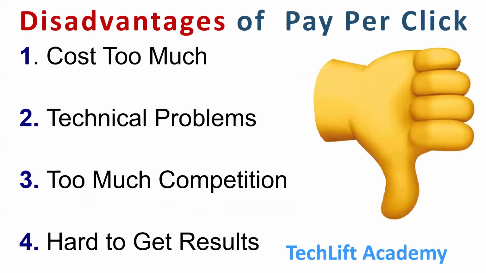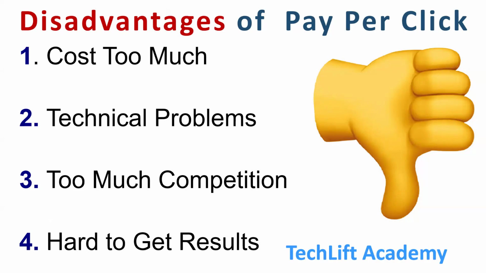So let's see some of the disadvantages of using pay-per-click as a digital marketing plan or strategy. At some point, it is costly. You need to put in some money. So if you're just someone starting, you need to understand your needs.